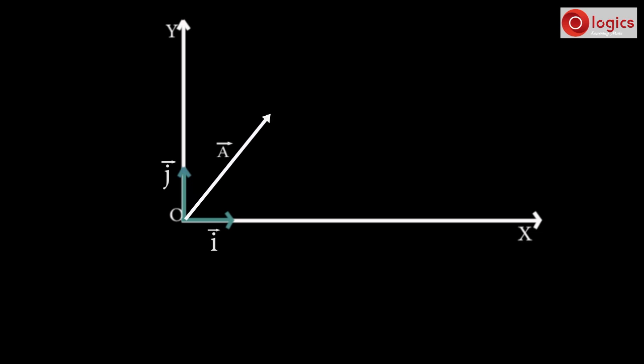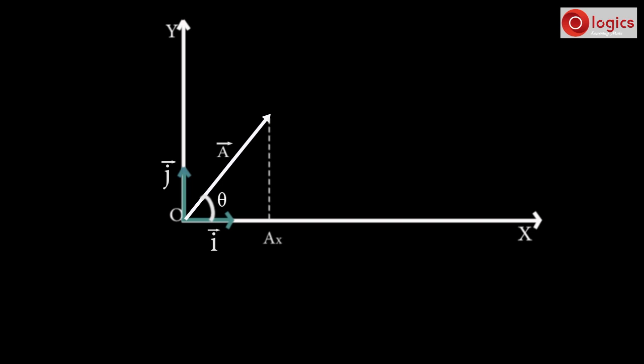This is a vector a bar. Theta is the angle between a bar and the x-axis. Now project a line from the head of a bar to the x-axis. It meets at point Ax on the x-axis.